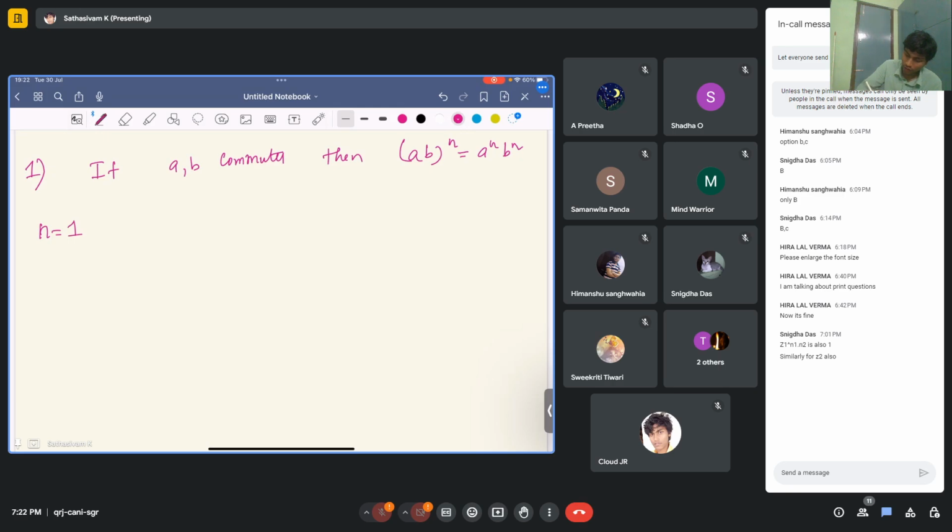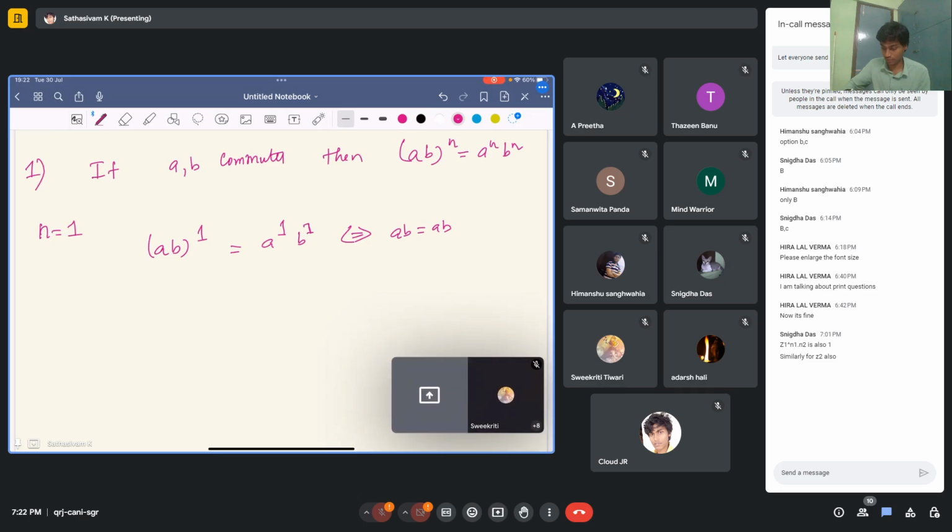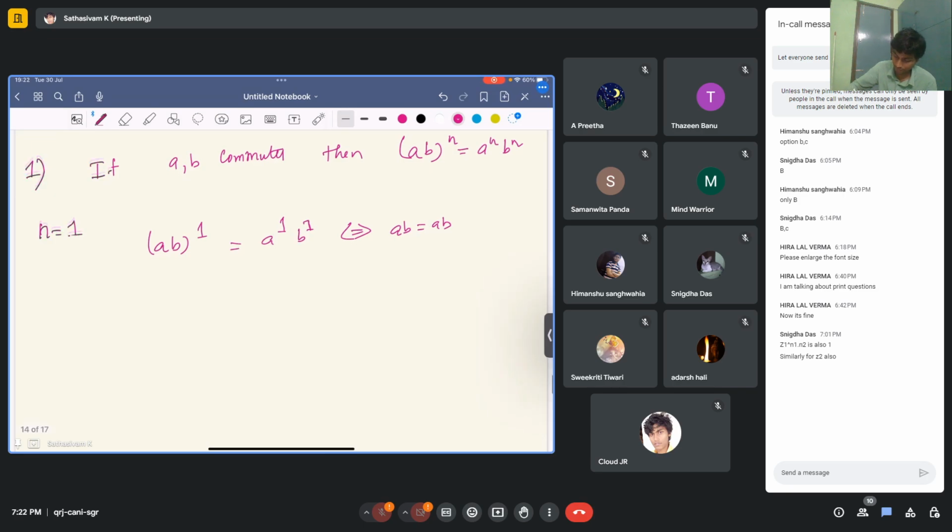For n equal to 1, we have (ab) power 1, which is nothing but ab. This is equal to a power 1 and b power 1. So this is the same as telling ab equal to ab, right? So this is trivially true. There is nothing to prove here.